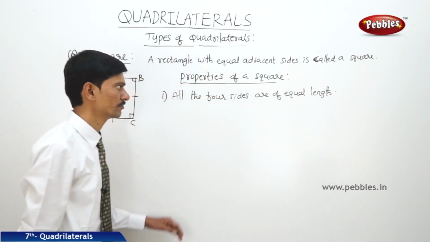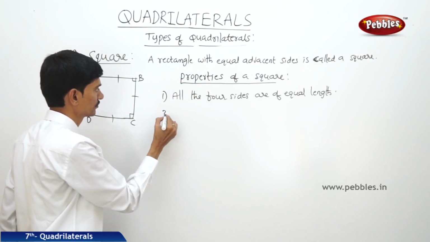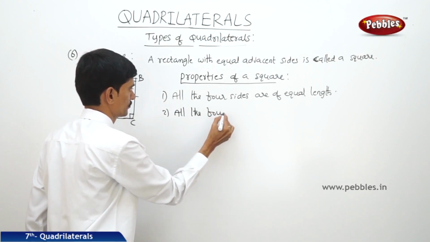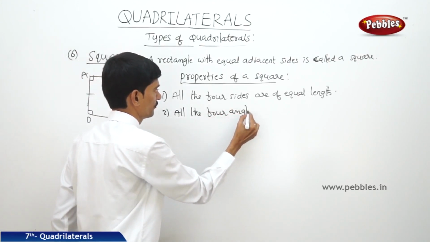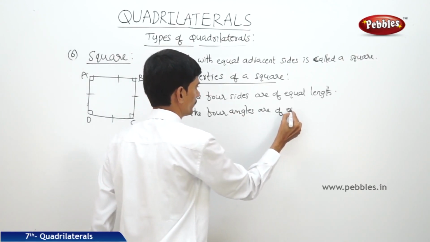Means opposite sides also will be equal, and all the four angles are of equal measure.